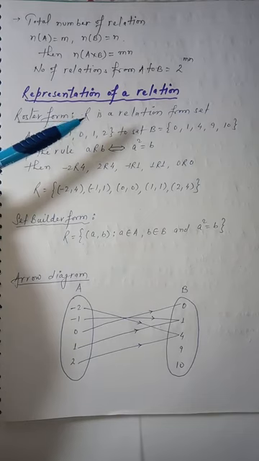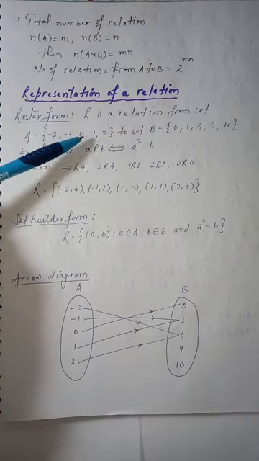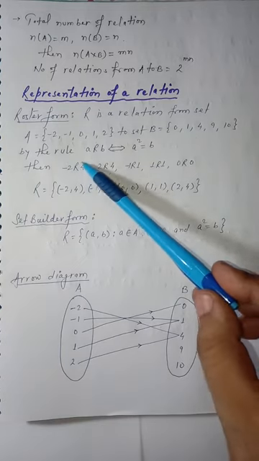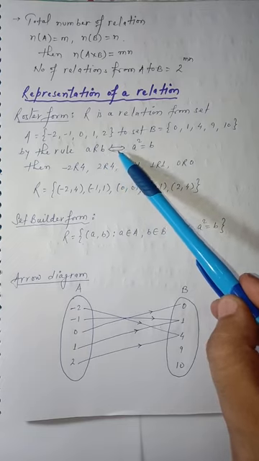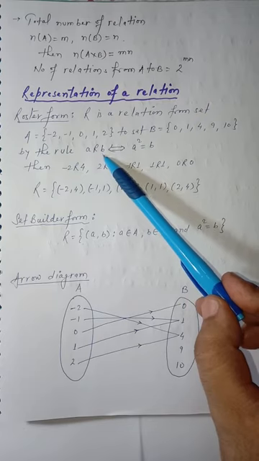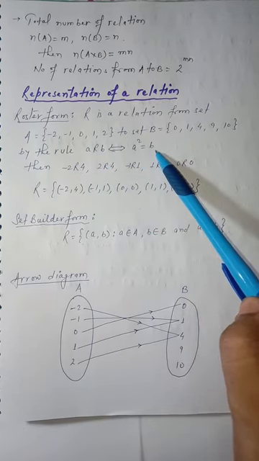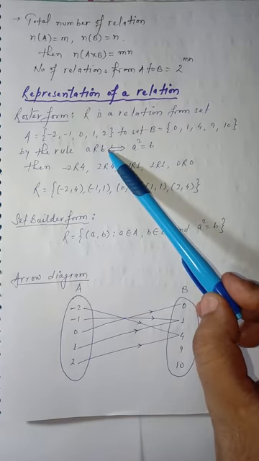So if R is a relation from set A, which is {-2, -1, 0, 1, 2}, to a set B, which is {0, 1, 4, 9, 10}, and this relation is given by the rule aRb, means a is related to b, double implies that a is related to b, by this rule, a square is equal to b. This is a rule by which a and b are related.